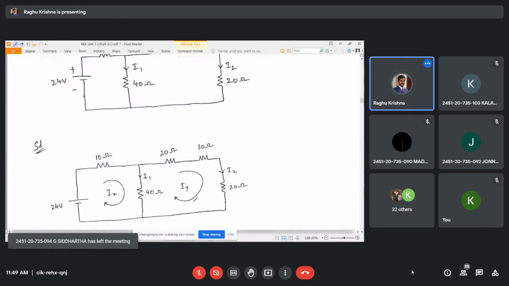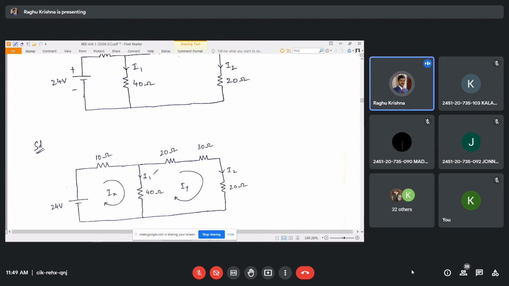Now, what is I1? I1 is equal to Ix minus Iy. Iy is in the opposite direction, and Ix is in the same direction as I1.